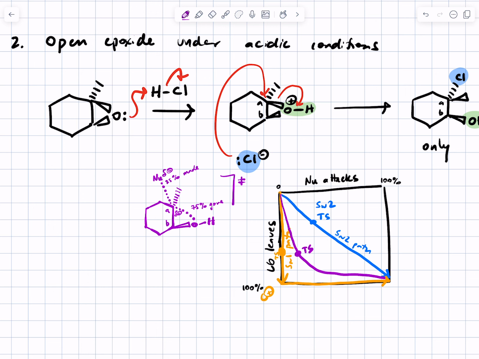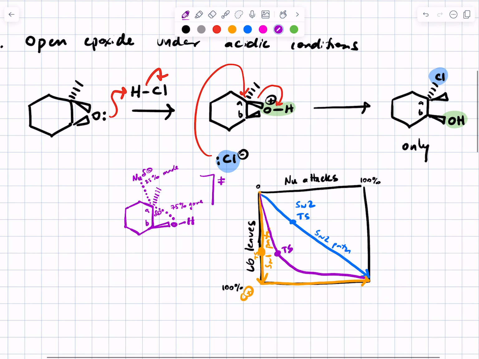All right? If we want to muddy the waters even more, some people will call this an SN1-like SN2 reaction because it involves buildup of partial positive charge on the more substituted carbon. Okay? We're going to see another reaction that follows a similar pattern like this in Chapter 10, and so what you learn from this is definitely applicable to some more places.